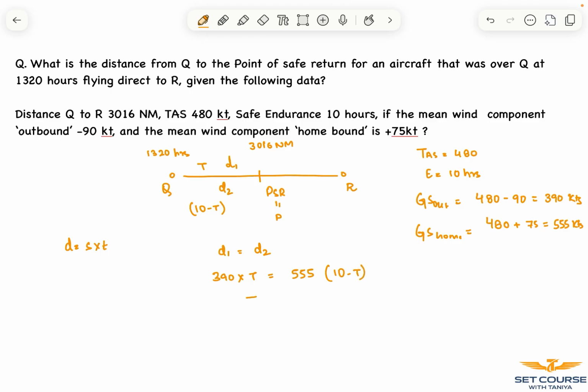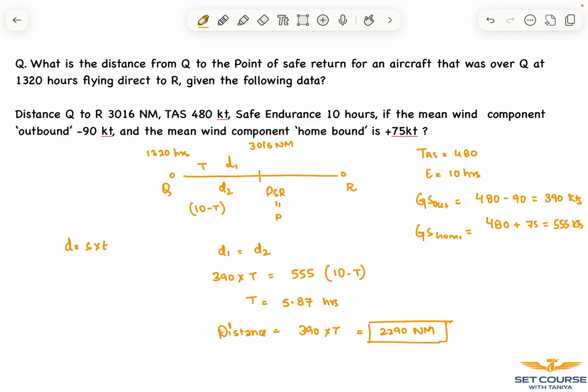Solving this equation, we have t as 5.87 hours. And our distance would be 390 cross t, which comes out around 2290 nautical miles, which is our final answer.